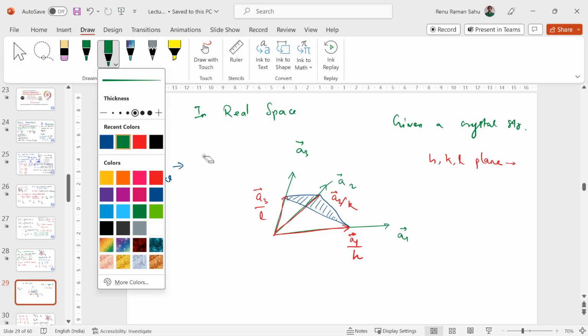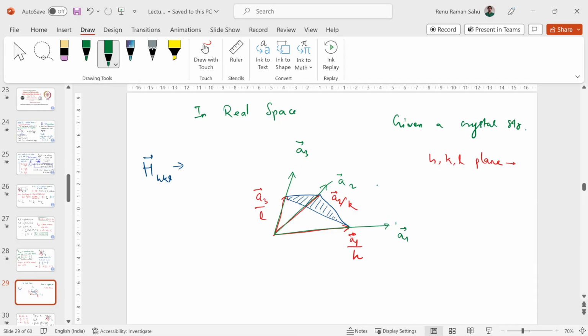If there are more such planes, let me just draw here as an example.